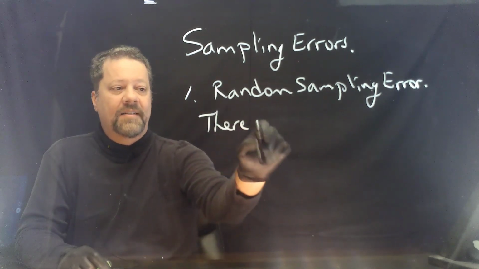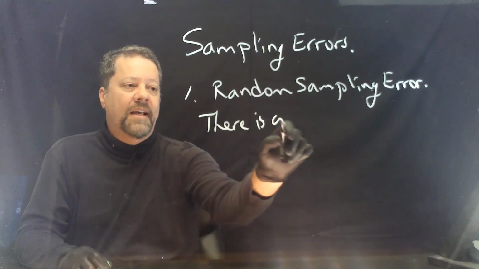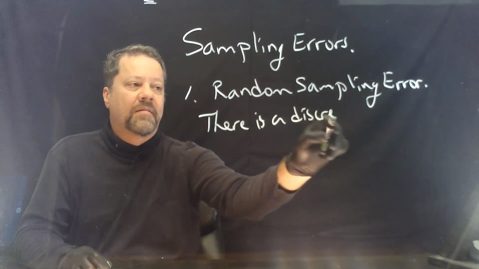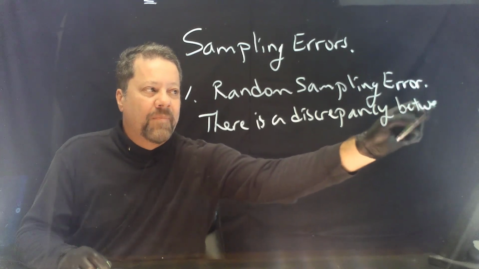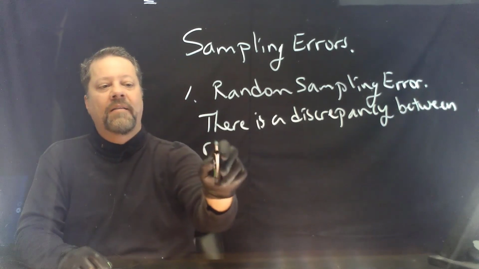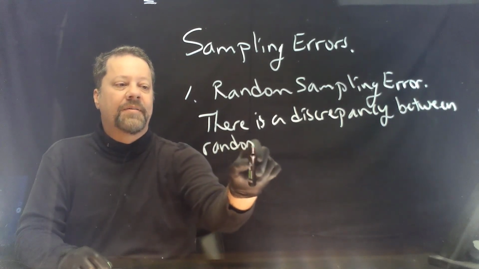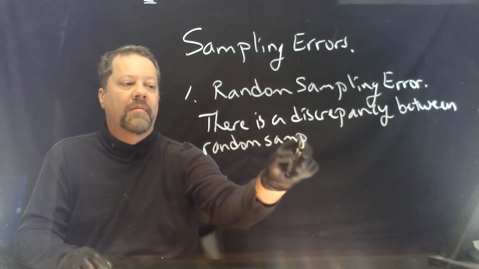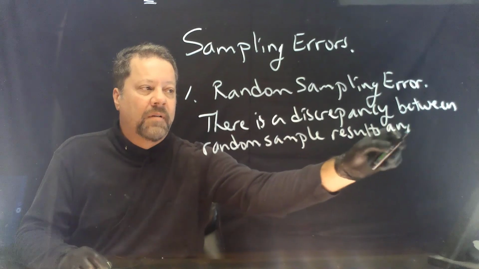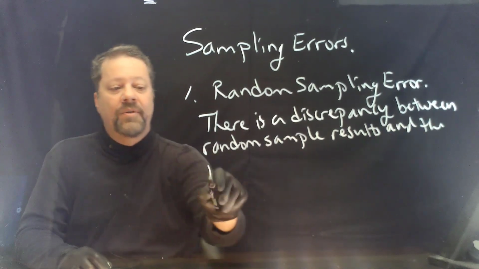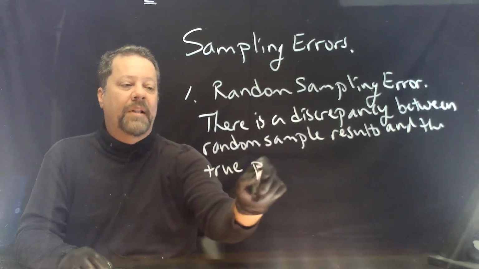So in this case, there is a discrepancy between our random sample results and the true population result.